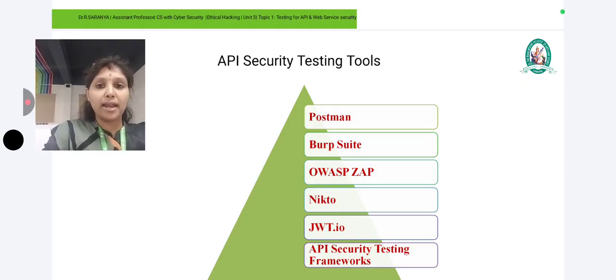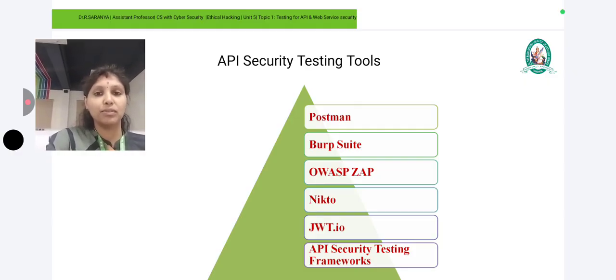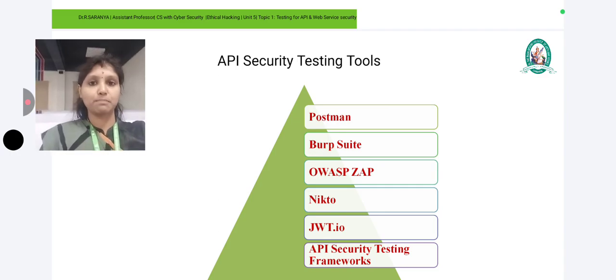OWASP is an open source web application security project, and the proxy attack can be overcome with the help of OWASP. It's a kind of open source web application security tool in order to analyze whether the unauthorized access as well as authentication process are secured or not. So that can all be analyzed in an easy way with the help of OWASP.